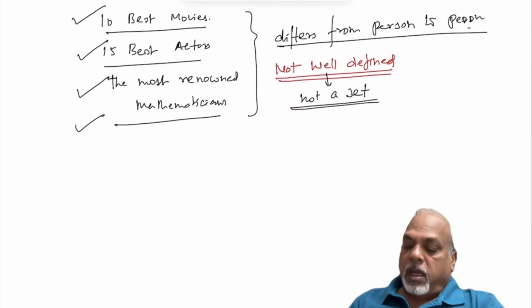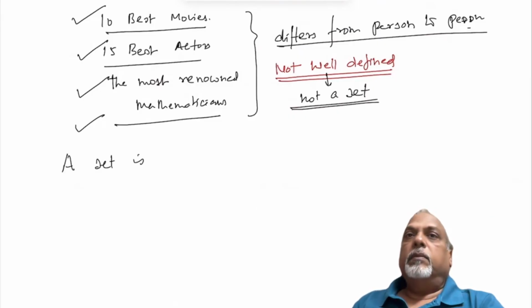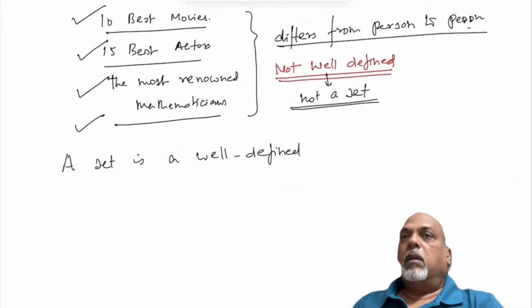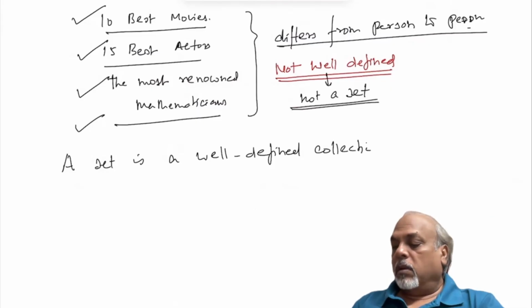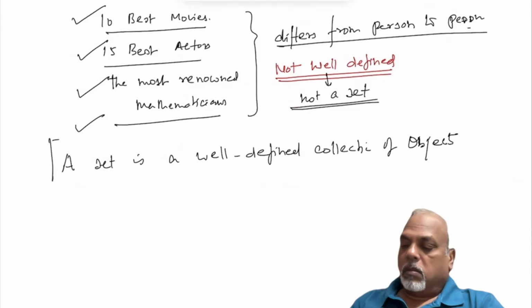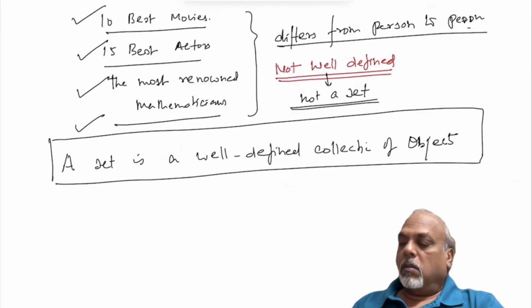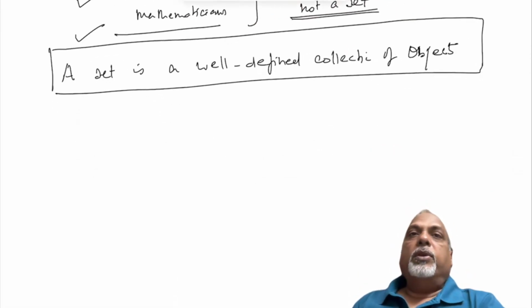So we can say a set is a well defined collection of objects. I hope this is clear.